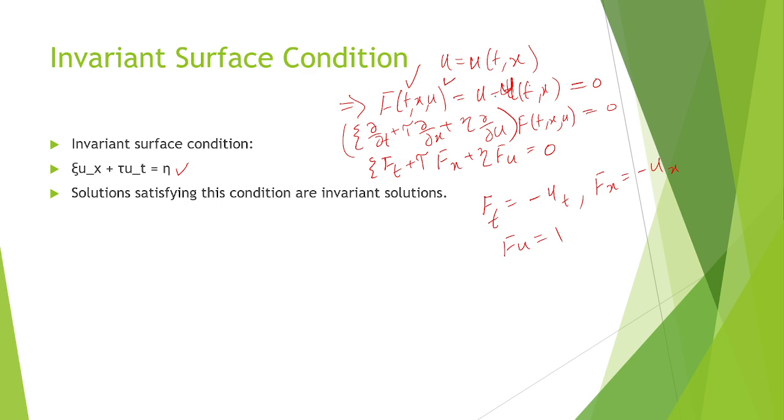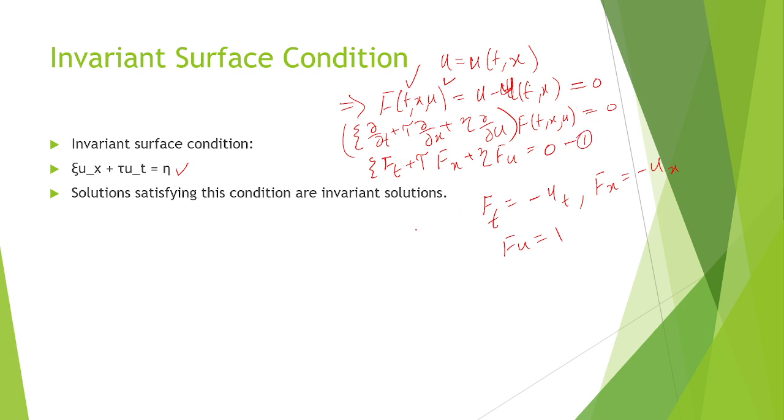If I differentiate this with respect to t, I will get minus u_t; with respect to x, that is minus u_x; and with respect to u partially, that is 1. Putting these values in this equation, let's say this is 1.